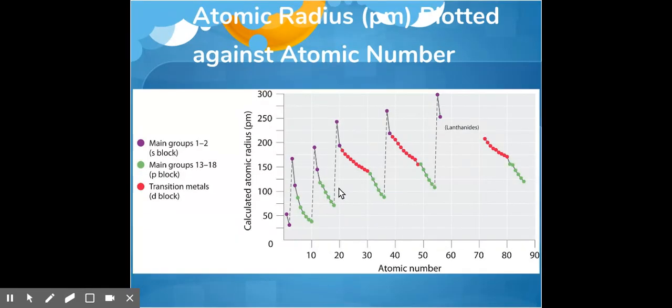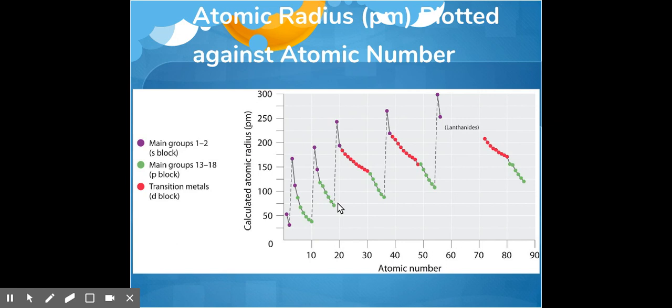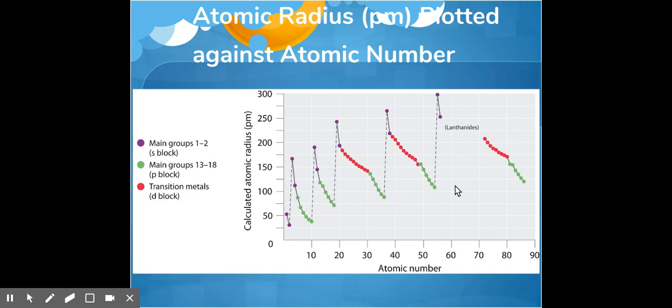And what we can see is that as we go across a period, so we're increasing atomic numbers across period 2, across period 3, you can see that the atomic radius is decreasing. Now, as we go down a group, for example, we said that these are the noble gases down here, group 18, you can see that if we drew a line here, in general, the atomic radius is increasing.